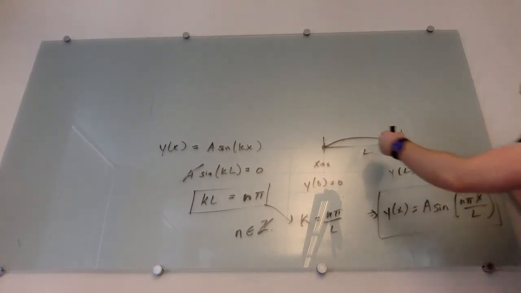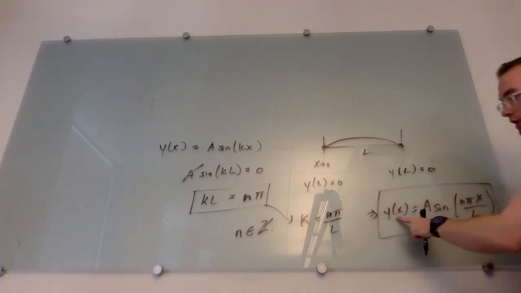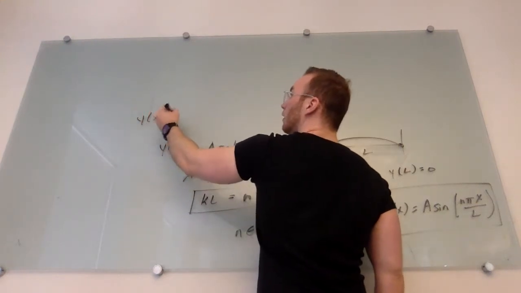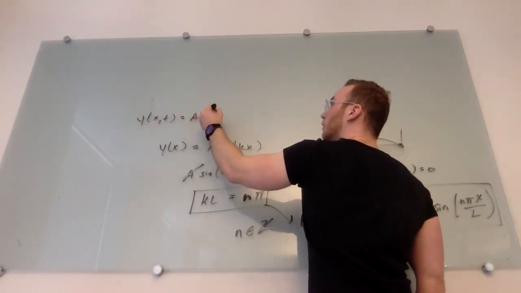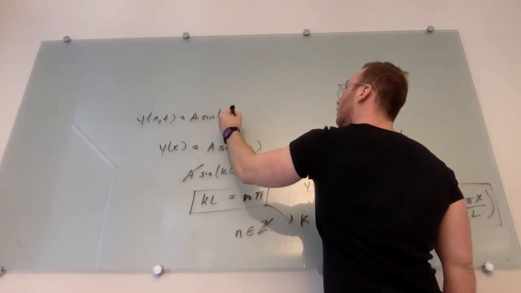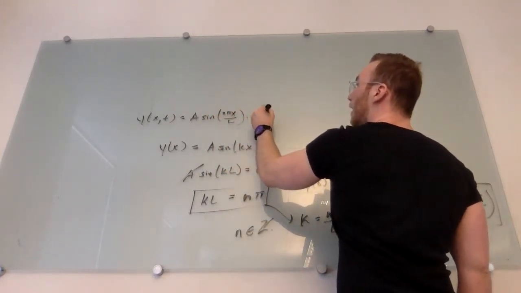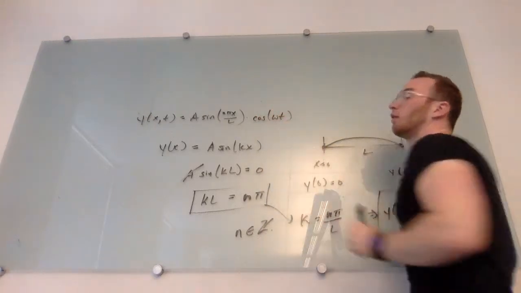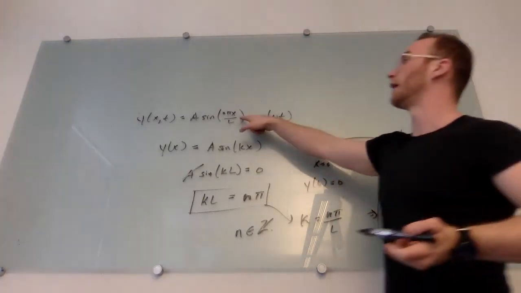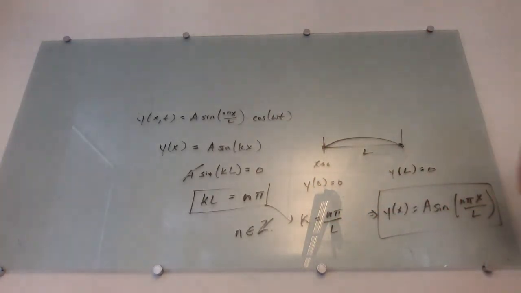And of course, if it has a time component, my whole wave could have been times cosine of omega t or whatever, right? That's just another time component. You could also write it in here with some simple rules, but this is really oscillating in time, but it's completely separate from the x component.